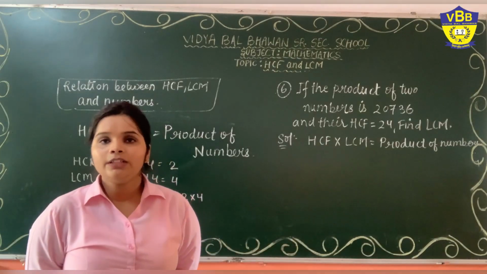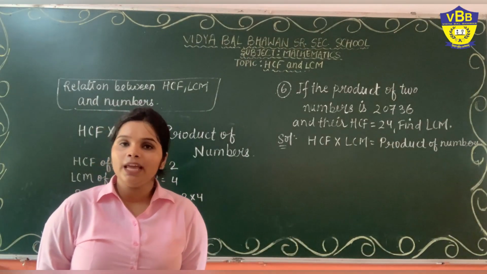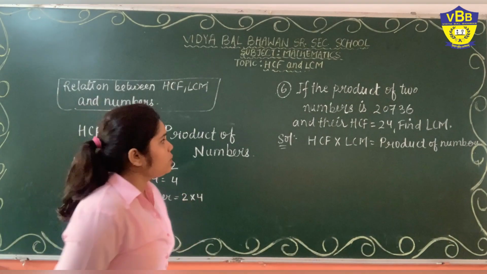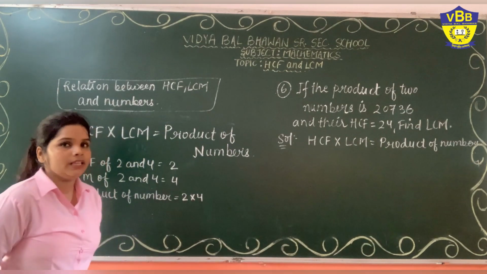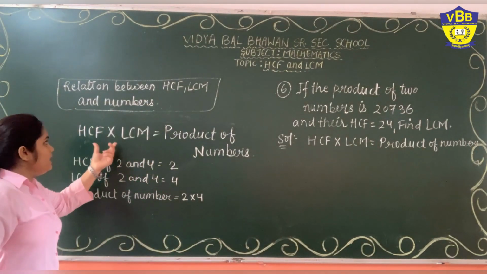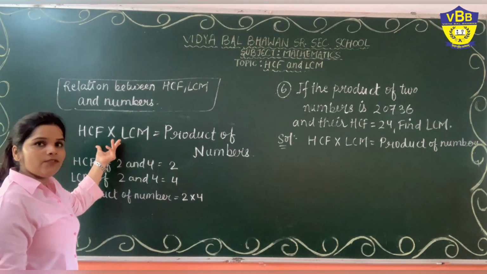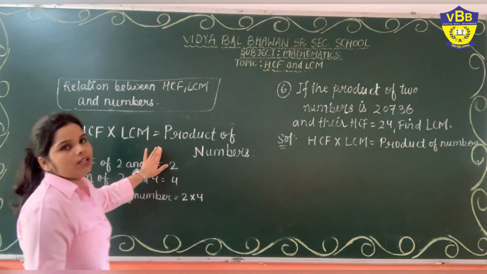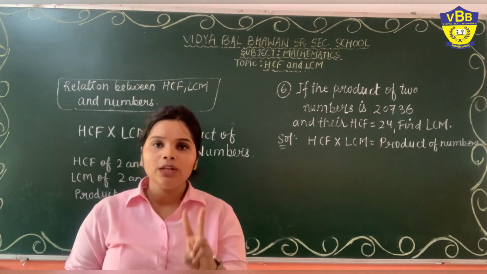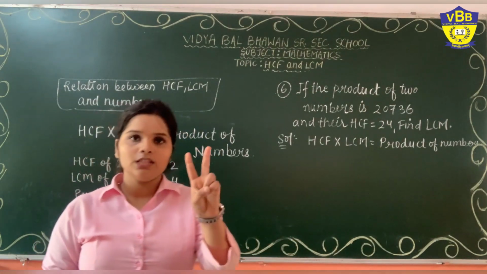Now if I talk about the relation between HCF, LCM and the numbers given. So what is the relation between HCF, LCM and the numbers? The product of HCF and LCM will be equal to the product of the numbers. Suppose we have two numbers, one is 2 and second is 4.